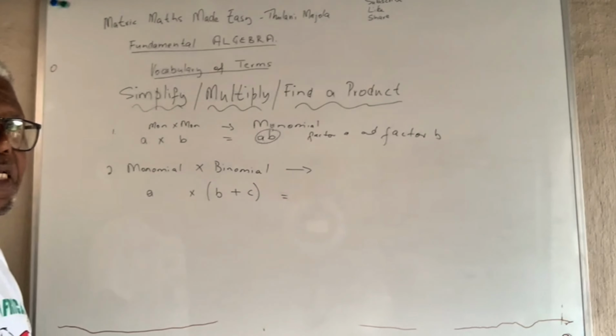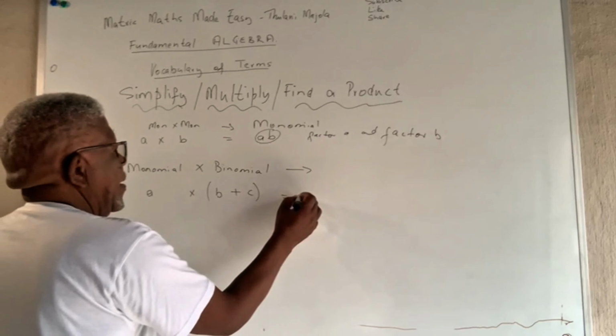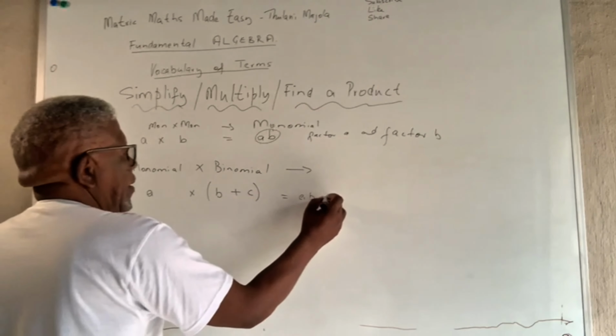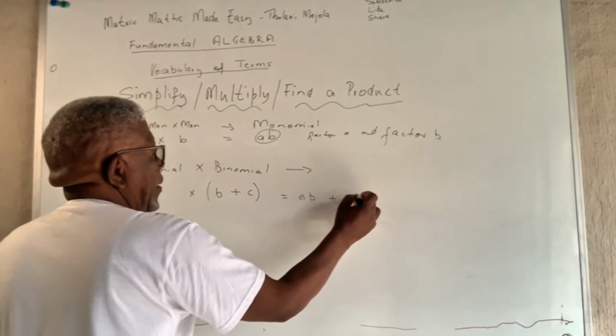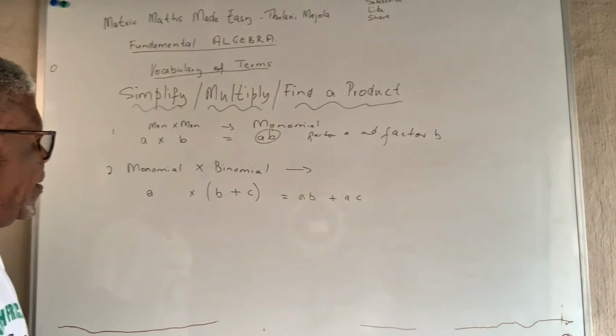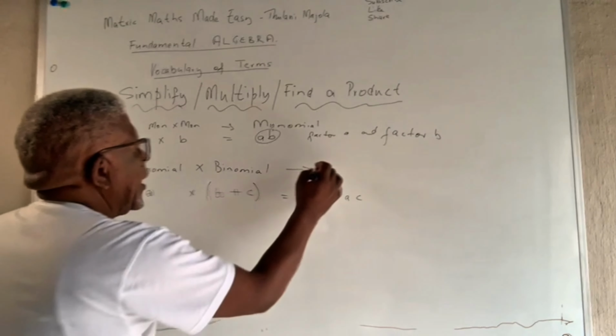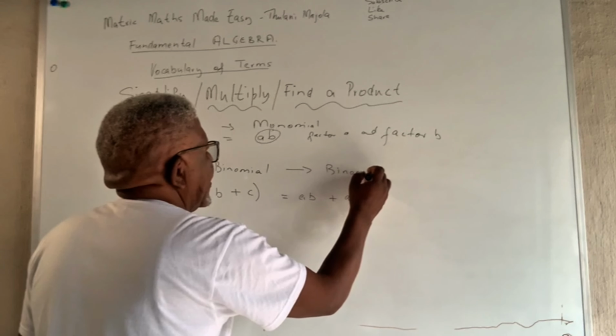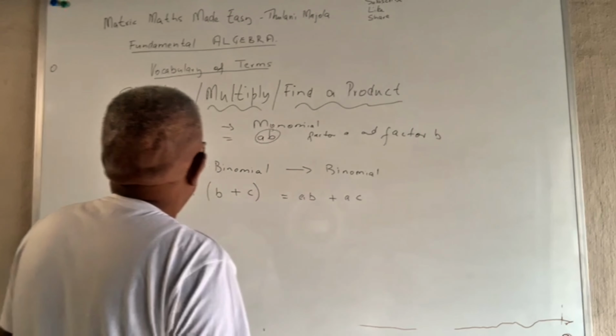You use the distributive law. You multiply A by B, and then you multiply A by C. So we get a binomial. So when you multiply a monomial by a binomial, you get a binomial.